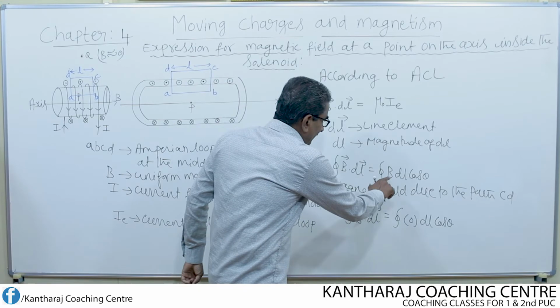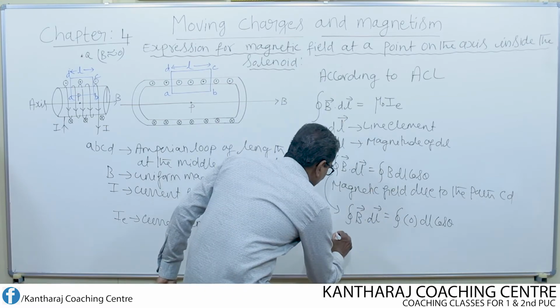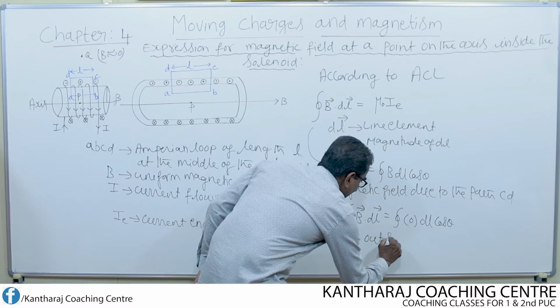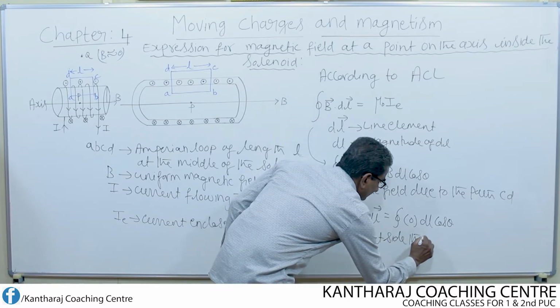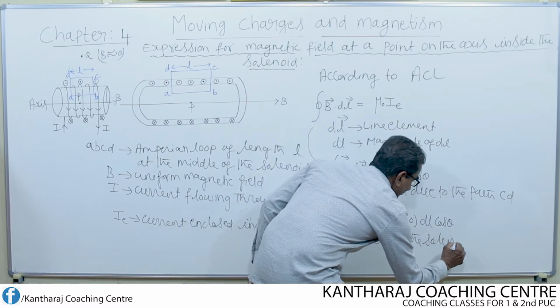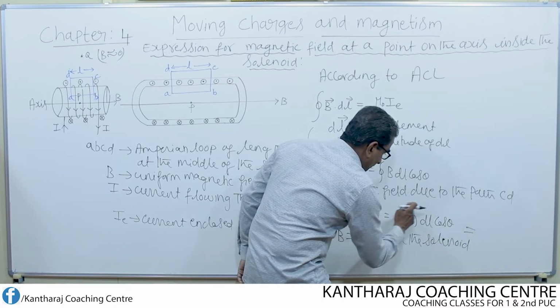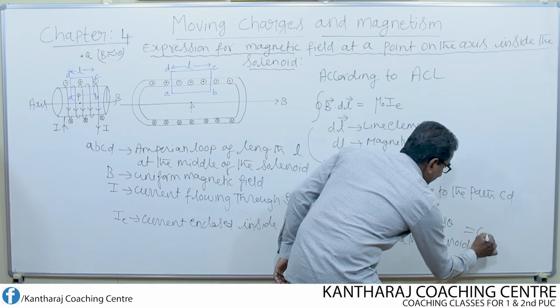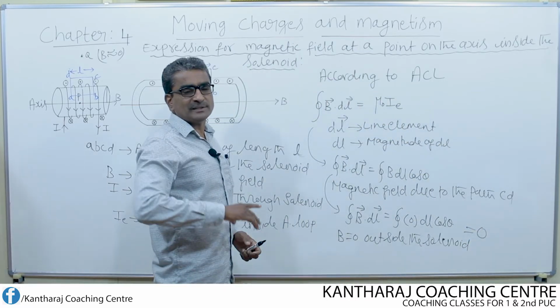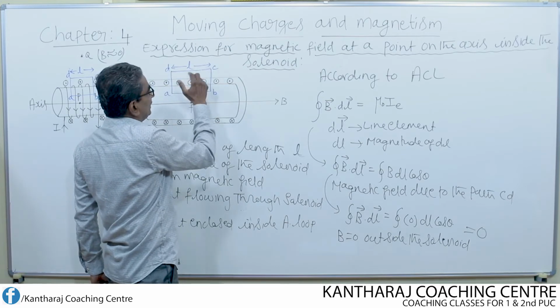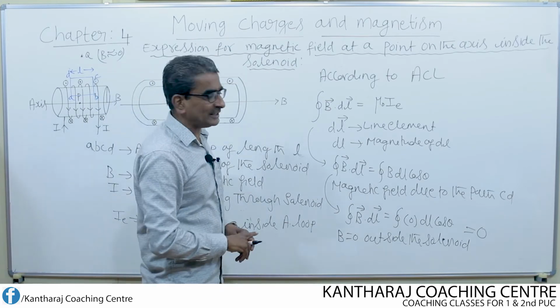That's why in place of B I have substituted 0. So B equal to 0 outside the solenoid, and 0 multiplied by anything is nothing but 0. That means there is no contribution of magnetic field due to the path CD or DC, which is present outside the solenoid.